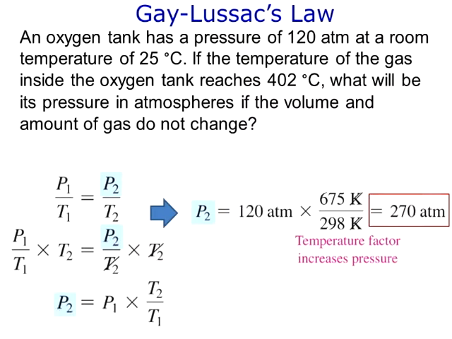So Gay-Lussac's law ignores the volume and the amount, the moles, because they are constant in the law. So in Gay-Lussac's law, I'm concerned about the relationship of P1 to T1 to the second set of conditions, the P2 over T2.